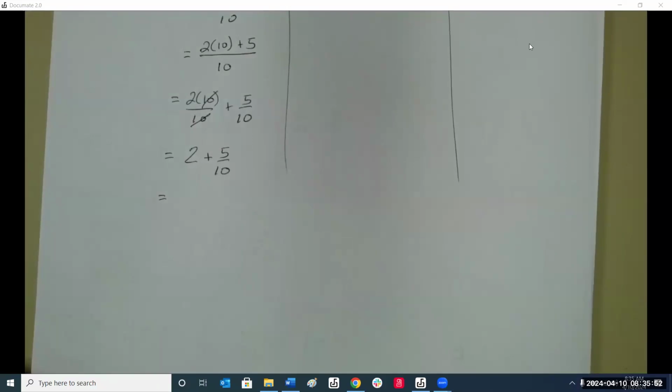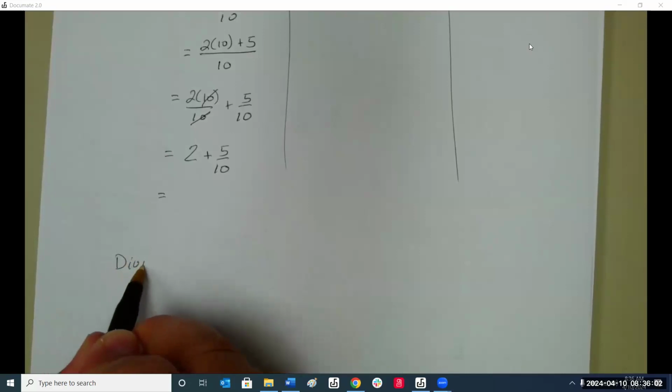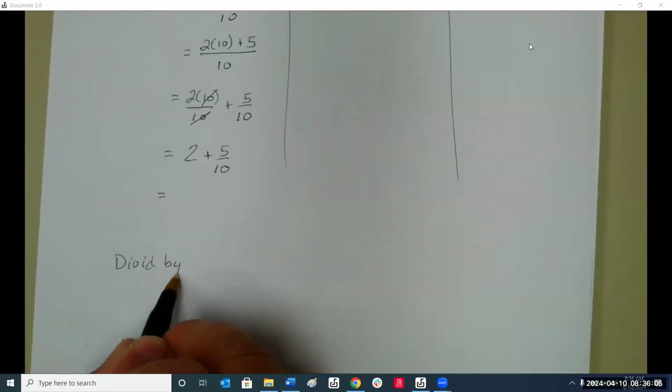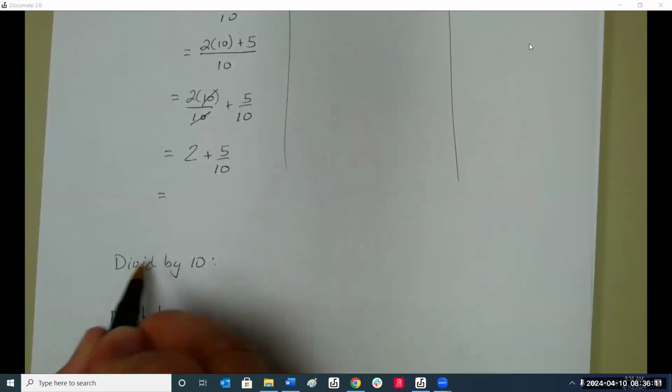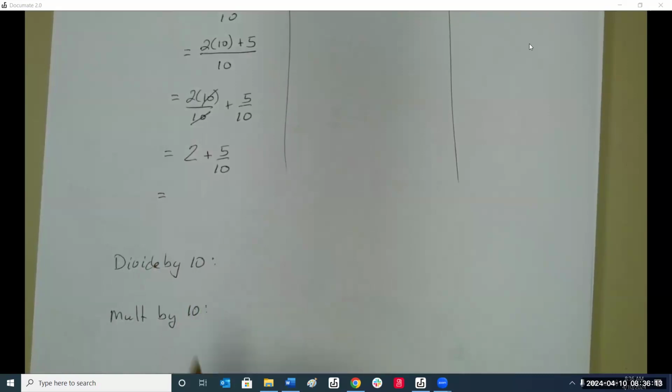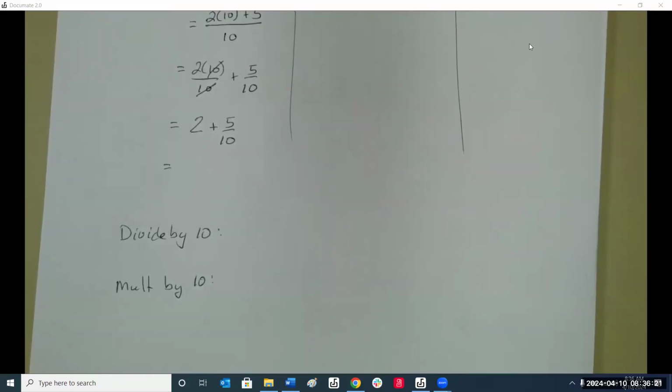We will also introduce the rules about multiplying and dividing by tens. What are those rules, you think? Whatever the number multiplied by 10, it's the same number, just add a zero. But we're dealing with decimals here.